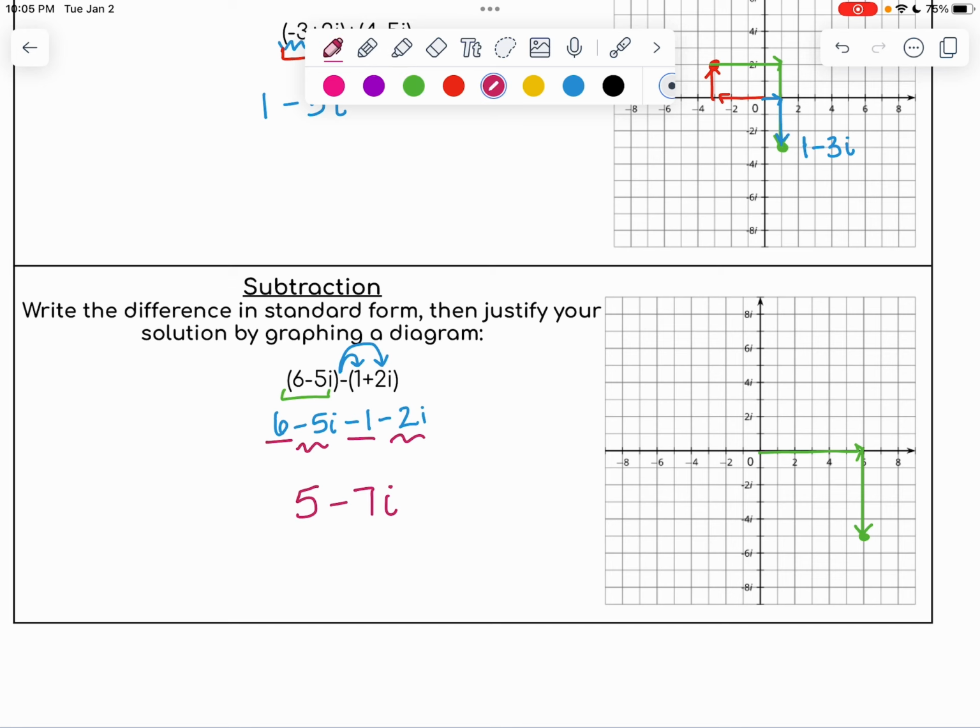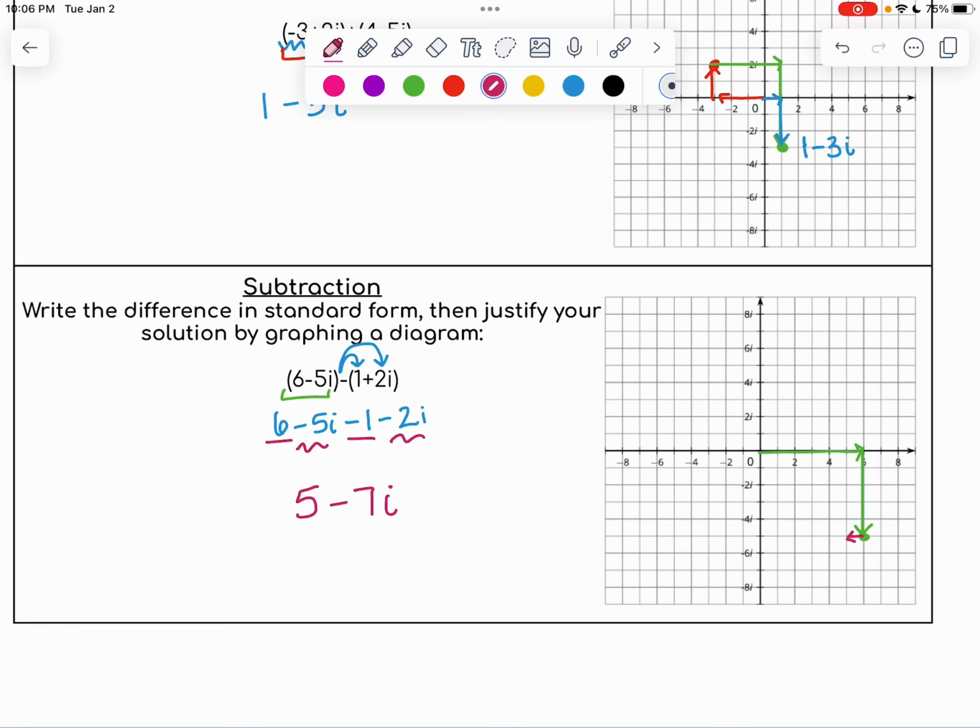And now we're going to subtract 1 plus 2i. So you can distribute that negative in your head, or you can do it step by step. We're going to subtract the real number 1. So that's going to be left 1 from that real direction. And then I'm going to subtract the imaginary number 2i.